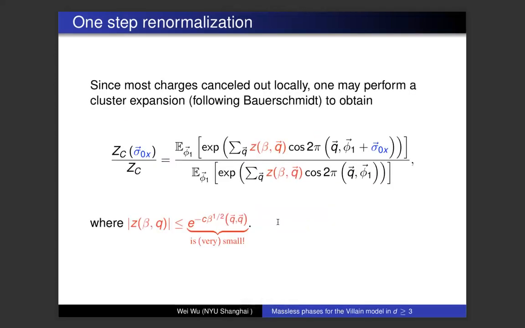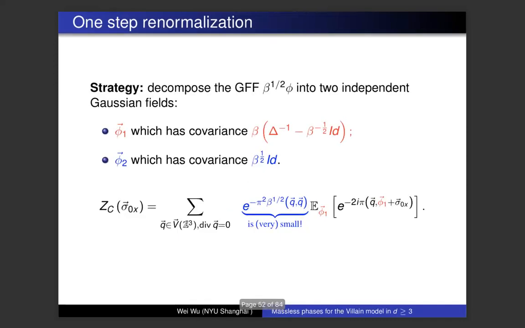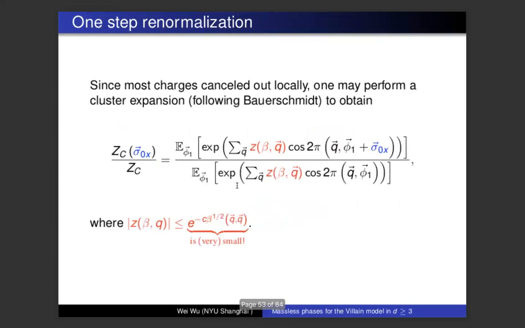So by some cluster expansion argument, you can in fact put the summation inside the exponent. What you get is something like this, where the z's come from this previous small factor, which is going to be very small. What you obtain is the ratio of the two expectations, one with the sigma 0x there, one without.